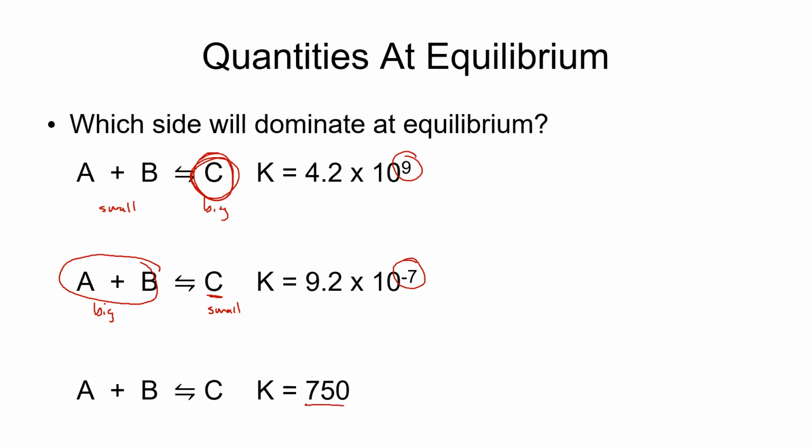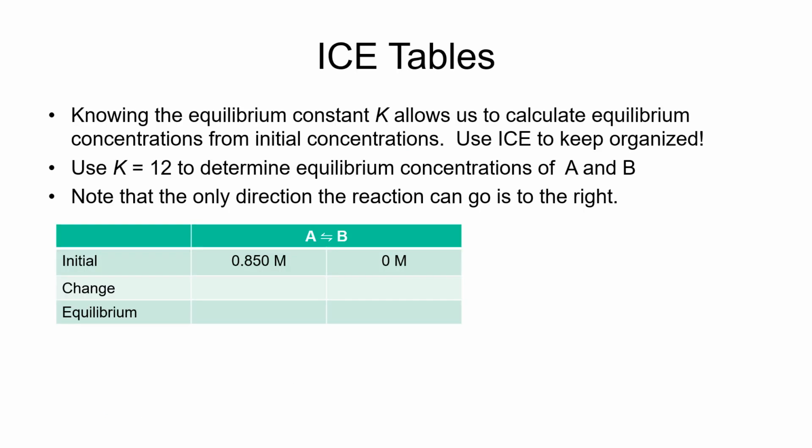And then we have this quantity where it's sort of in between. For these intermediate values of the equilibrium constant, you're going to have similar quantities on either side. Once you know the equilibrium constant, we can use it to solve for unknown quantities at equilibrium.